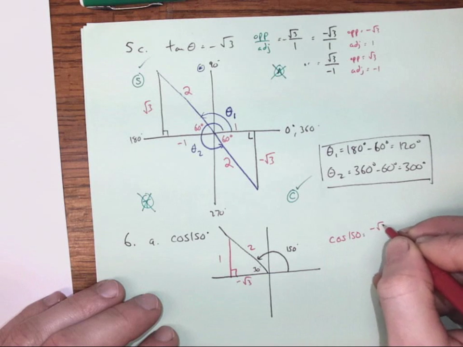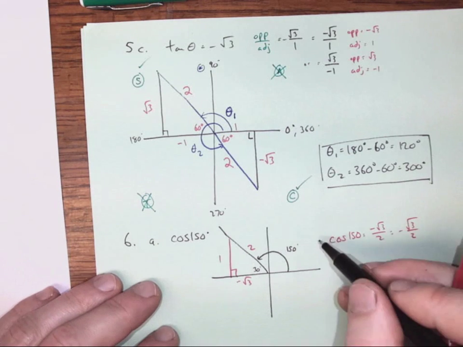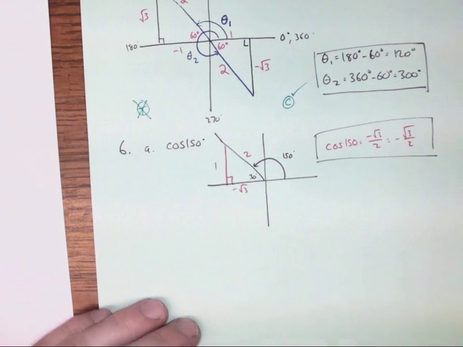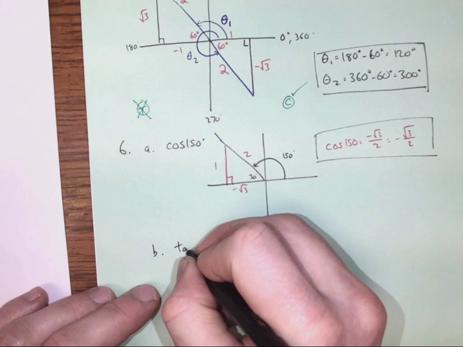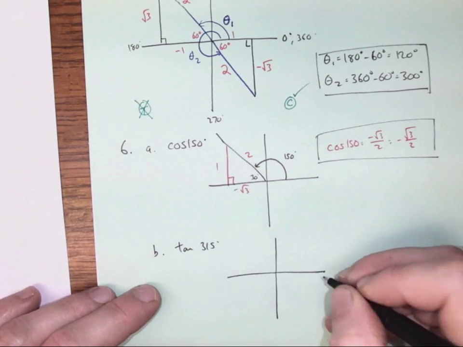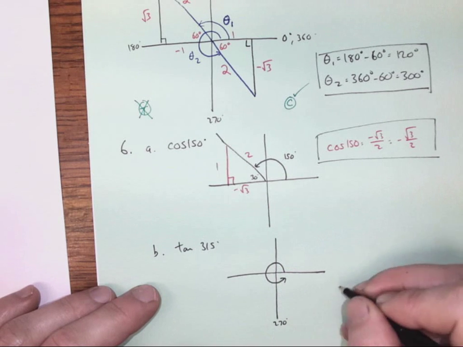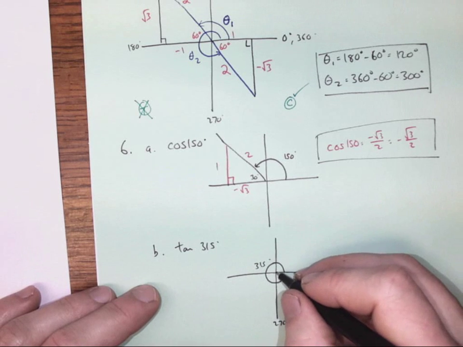All right, simple enough. So question B gives us tan of 315. Okay, so I'll draw 315. It's going to be in this quadrant in between 270 and 360. After 270, that takes us 45 degrees, meaning there's actually 45 degrees left between 315 and 360.